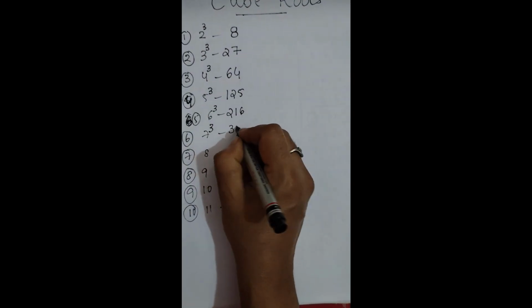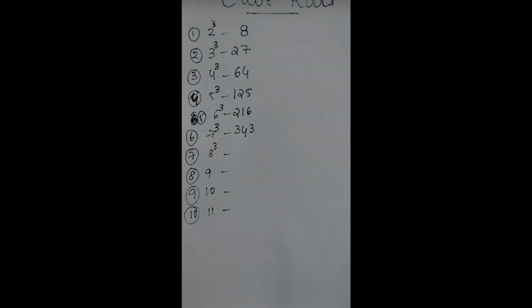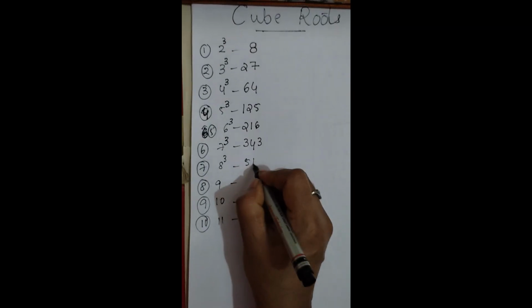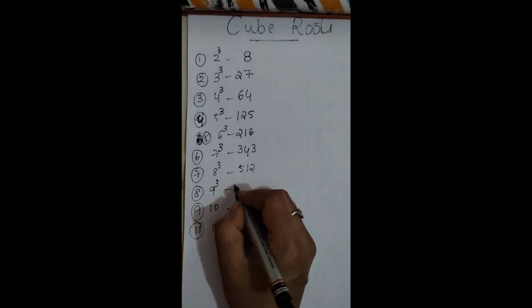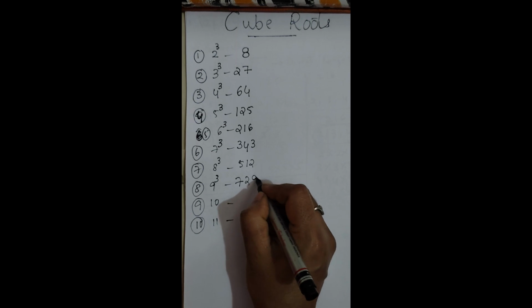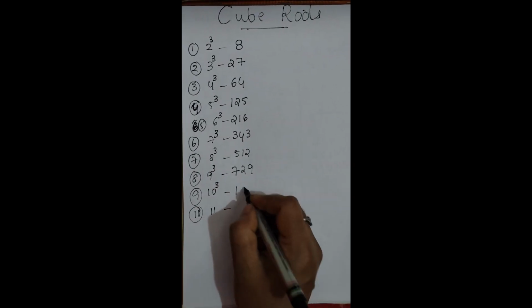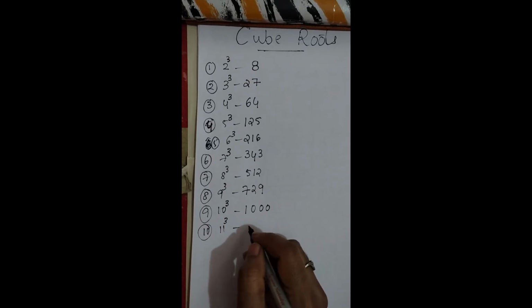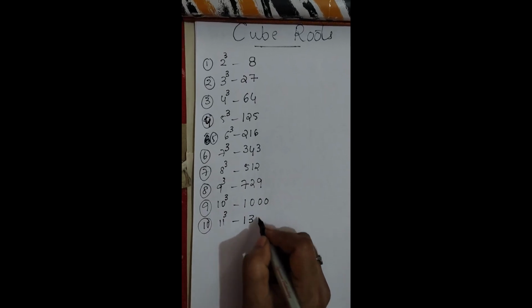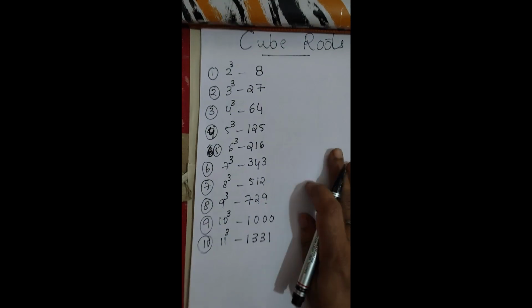Cube of 7 is 343. Cube of 8 is 512. Cube of 9 is 729. Cube of 10 is 1000. Cube of 11 is 1331. This is for your reference.